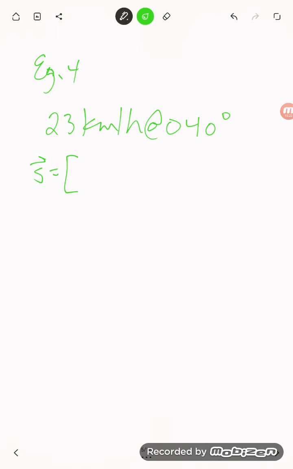Now we need to look at what that 40 degrees really means. On a heading of 40 degrees, or at a true bearing of 40 degrees, means 40 degrees from 0 degrees north. So this would be 40 degrees in here. If we want to write this vector as a Cartesian vector, we actually need this angle in here, the angle to the horizontal, so that we can resolve it into components.